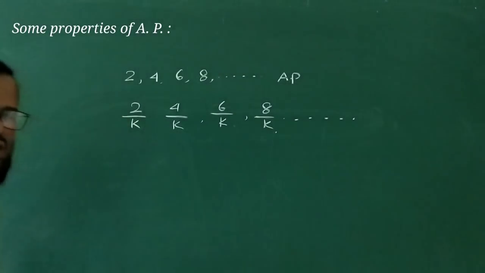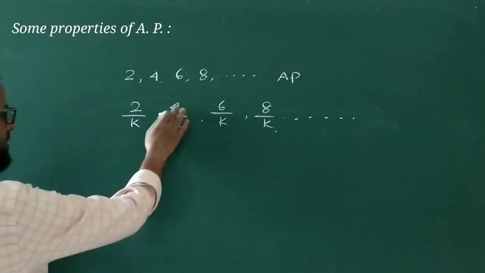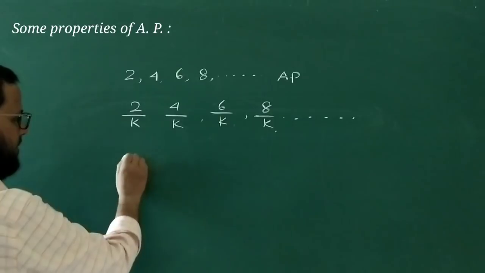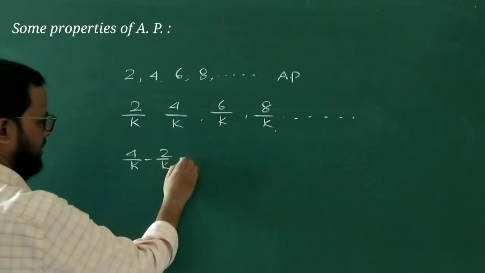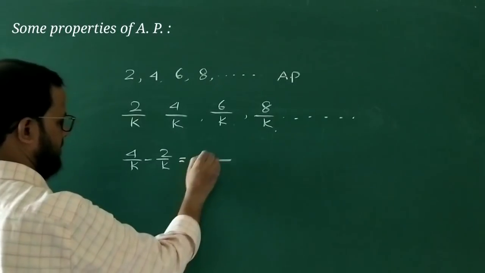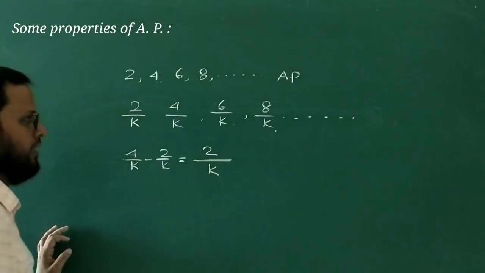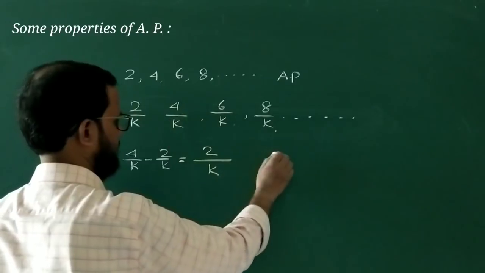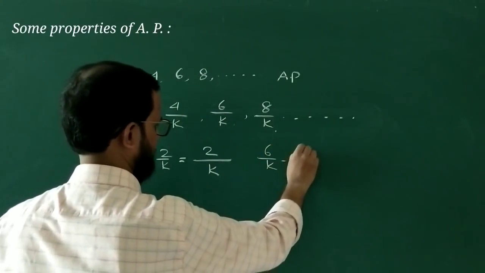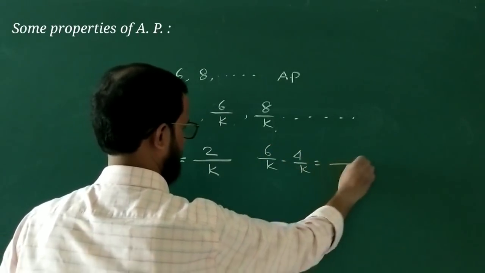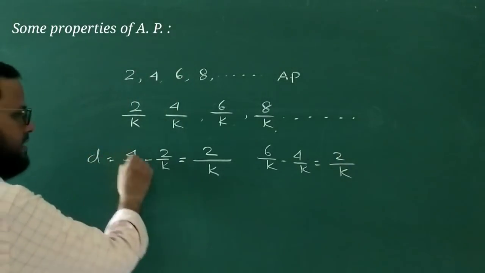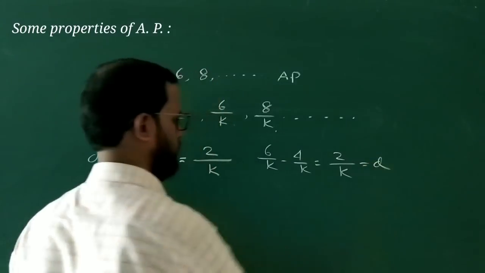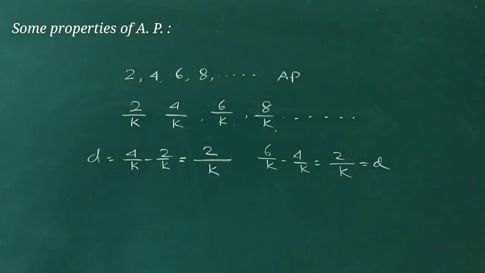मिलेगा, ये सीक्वेंस क्या होना चाहिए, AP ही होगा। तो चेक करके देखिए आप, इससे कॉन्जिक्यूटिव का डिफरेंस ले लीजिए 4 by k minus 2 by k, तो क्या होगा, k कॉमन लेने के बाद 2 by k होगा, ठीक है। फिर इससे माइनस करेंगे तो 6 by k minus 4 by k equal to what, 2 by k होगा। That means even our d becomes 2 by k, common difference is 2 by k.